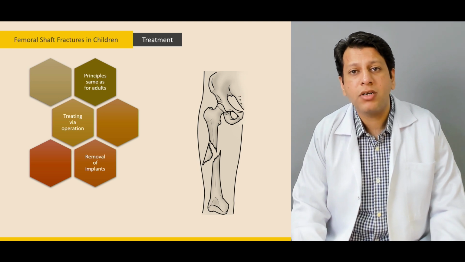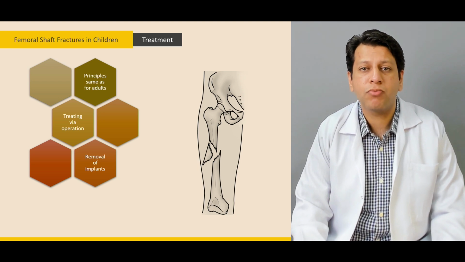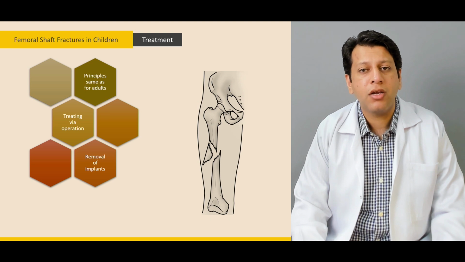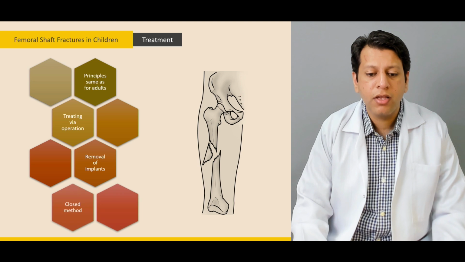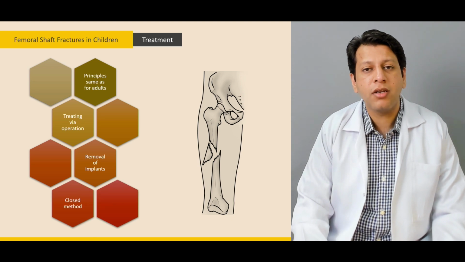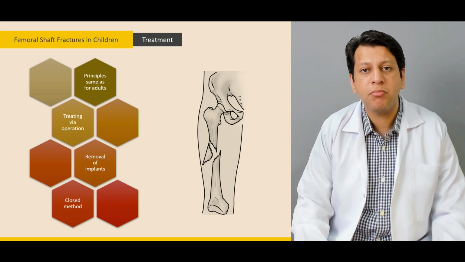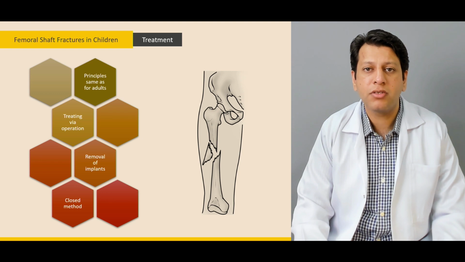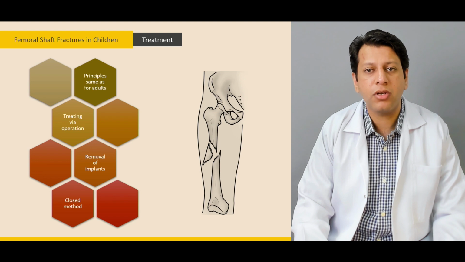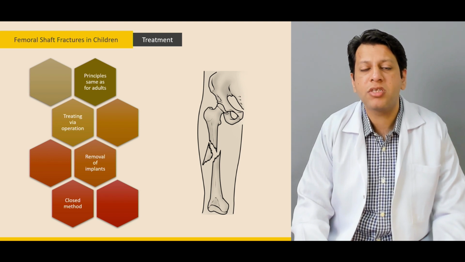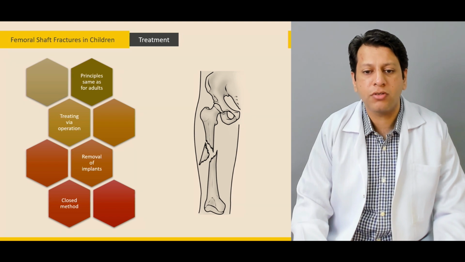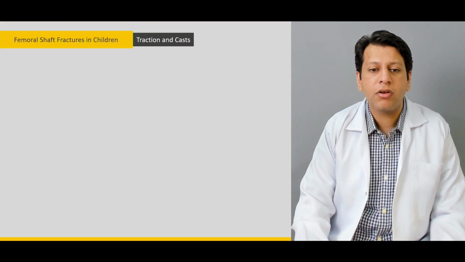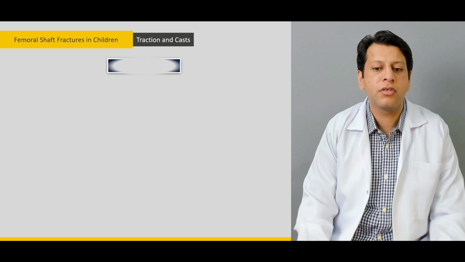And usually after 10 or 11 years, you mostly have to go for intramedullary nail fixation, as in adults. Fixation is mostly done by the closed method with minimal incisions and minimally invasive techniques, and the nail is usually removed once the bone has remodeled, over about 1.5 years.